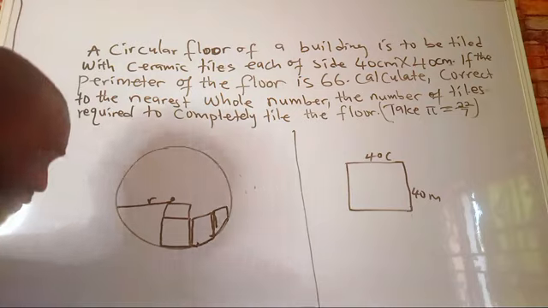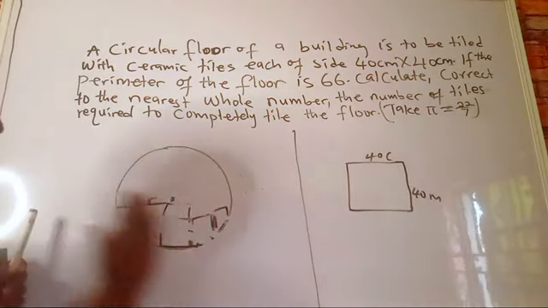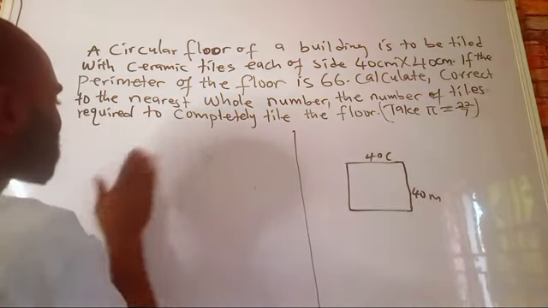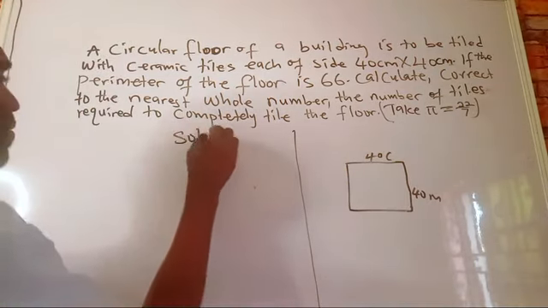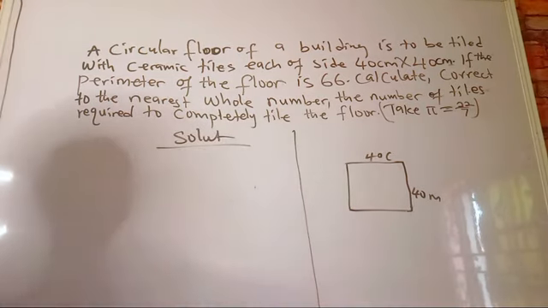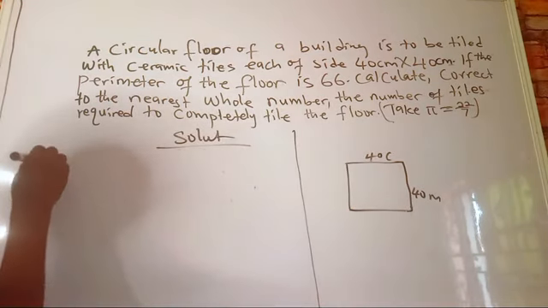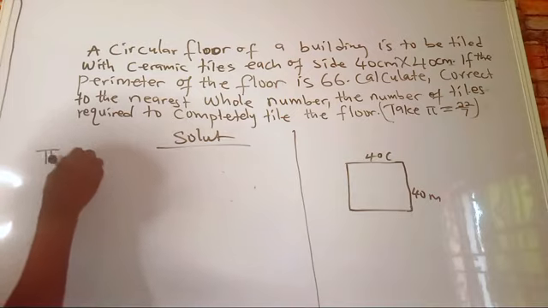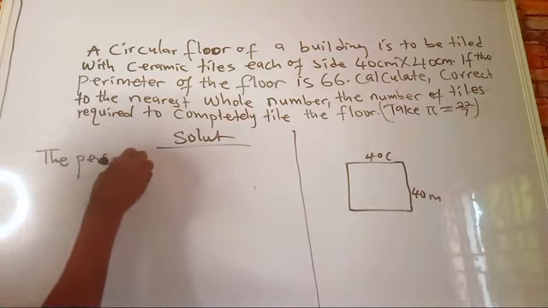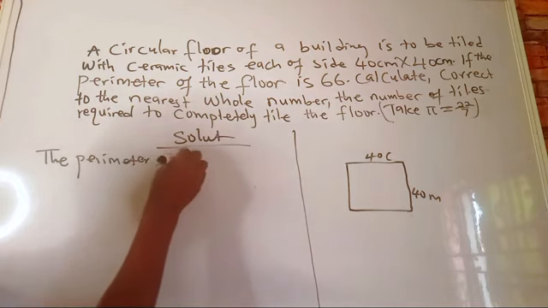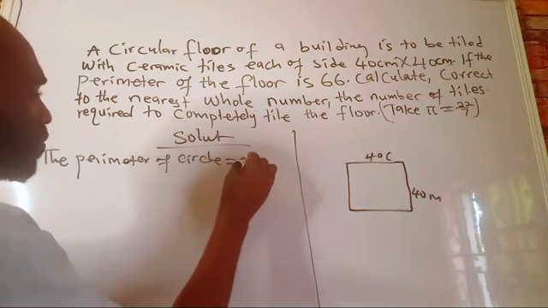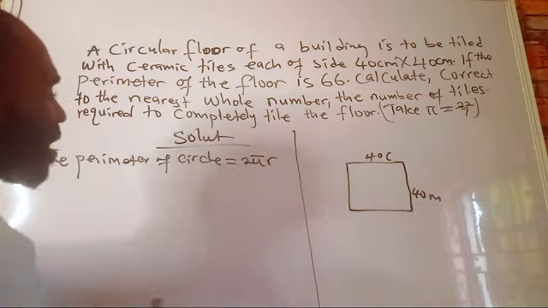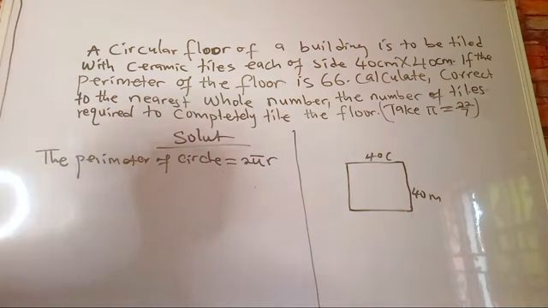So let's start solving the problem. Now we know that the perimeter of a circle is equal to 2πr.